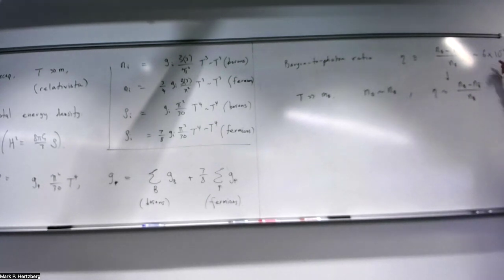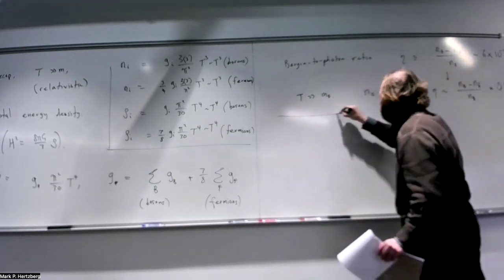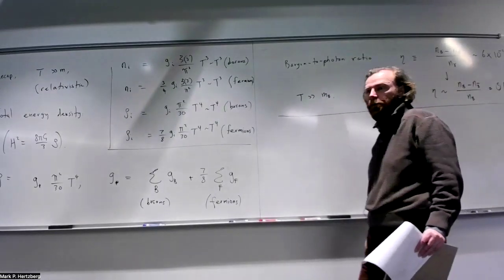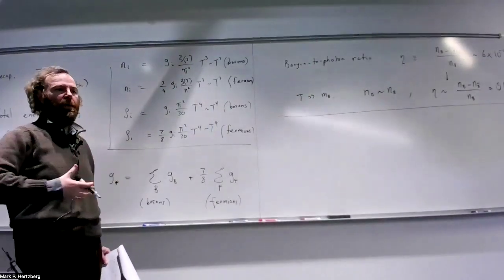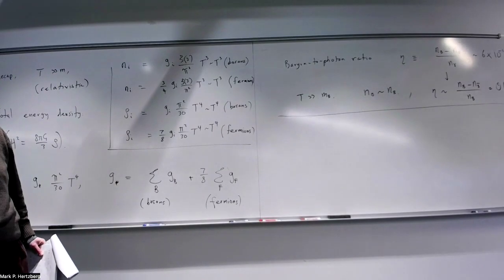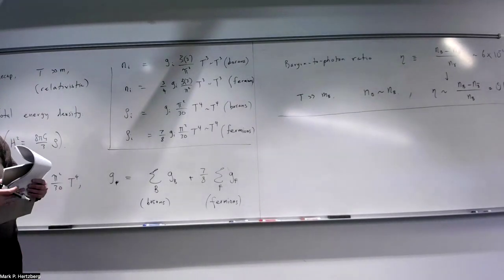So this number will remain, with some 3/4 factor whatever, order 10 to the minus 9. So that's why it's precise to say that in the early universe, for every billion antibaryons, there were 1,000,000,001 baryons, roughly. Even though that's not true today, of course.